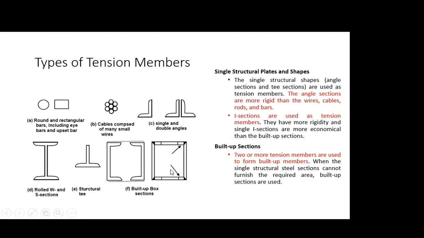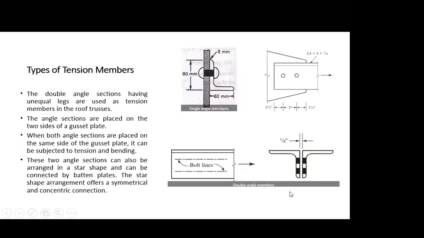A built-up section contains two or more members, such as a combination of channel sections, I sections, angle sections, or T sections. That is called a built-up section. When a single structural section cannot furnish the required area, built-up sections are used.